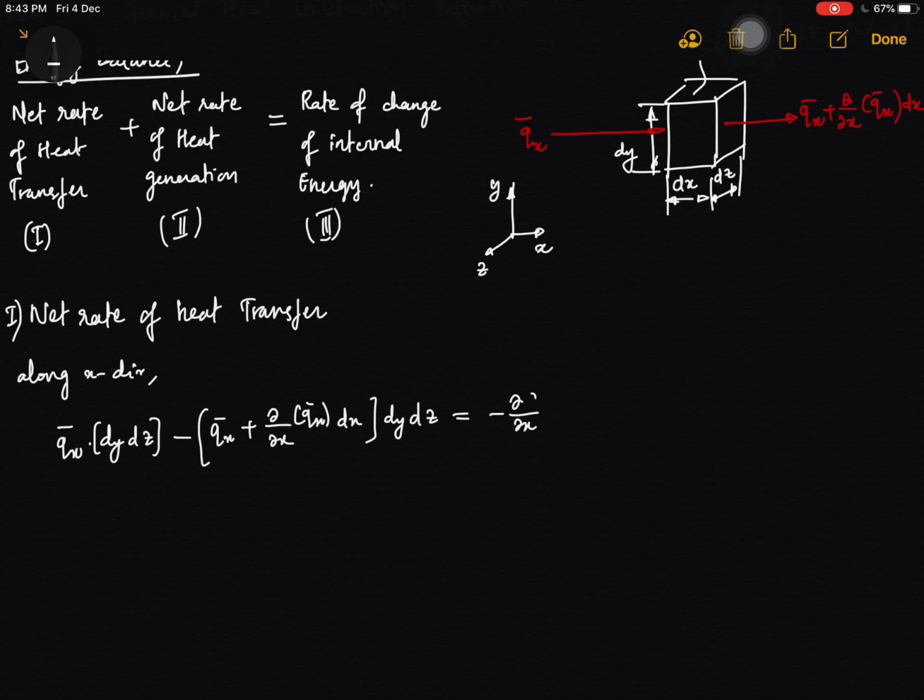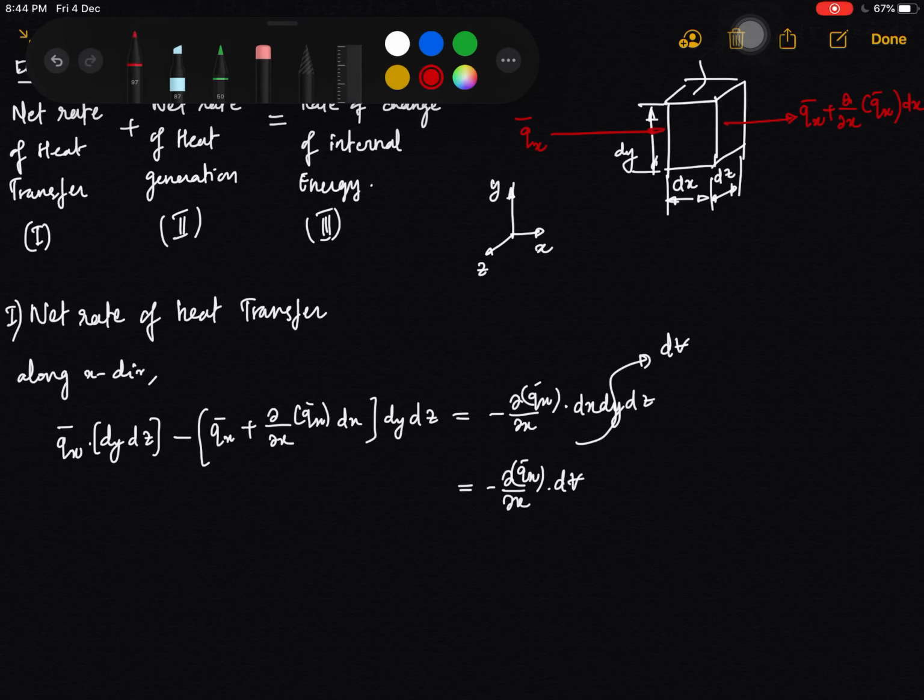This gives minus dou by dou x of qx bar into dx dy dz, and this dx dy dz is nothing but dV. So we can write this as minus dou by dou x of qx bar into dV.